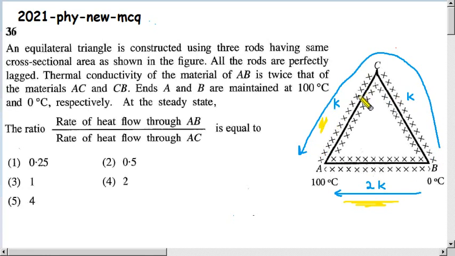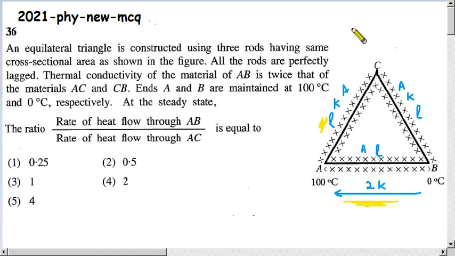Since these rods have same K, same cross-sectional area, which is mentioned in the question, and also same length, only the K value, the thermal conductivity, is twice regarding this one. Regarding these rods, everything is equal.